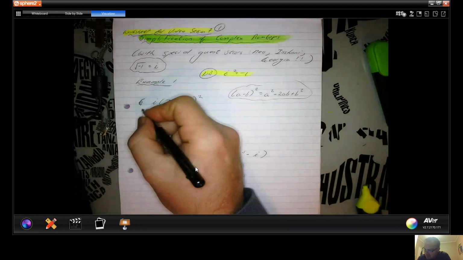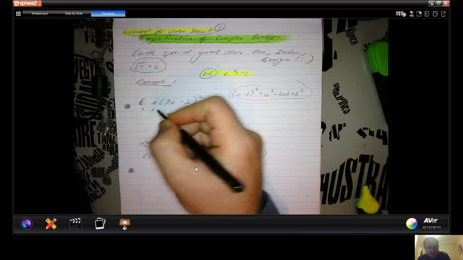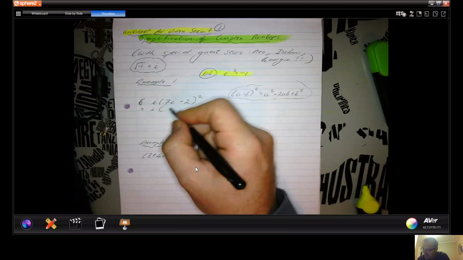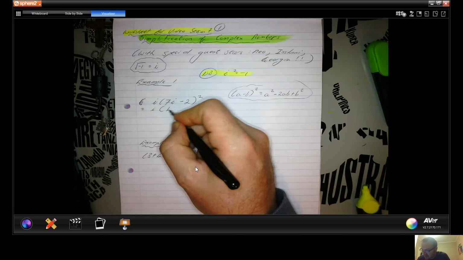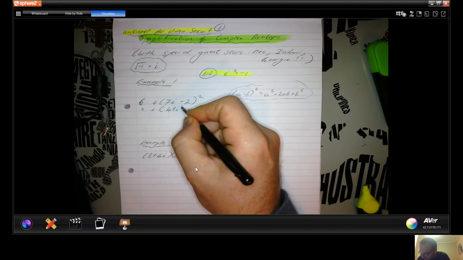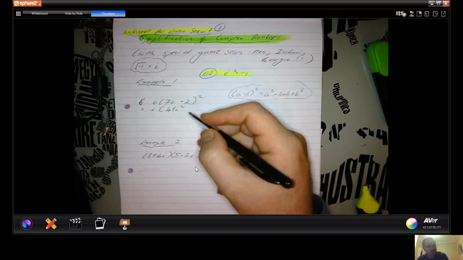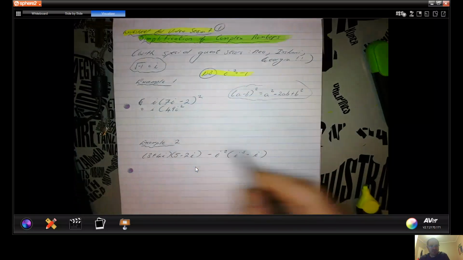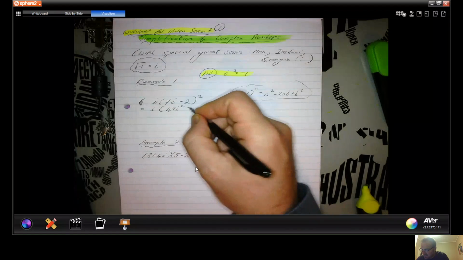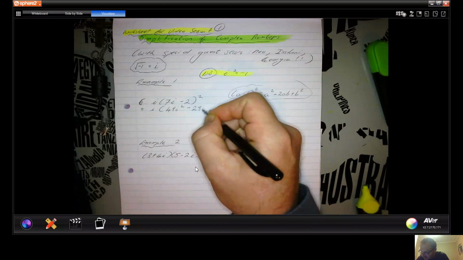So this becomes i times, well, 7 squared is going to be, I'm not going to simplify it yet, with practice you'll get used to it. So Ishani, do this with me. It's going to be 49i squared, then times them together, it's going to be minus 14i times 2 is minus 28i.